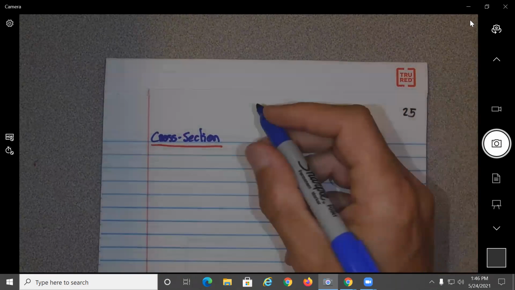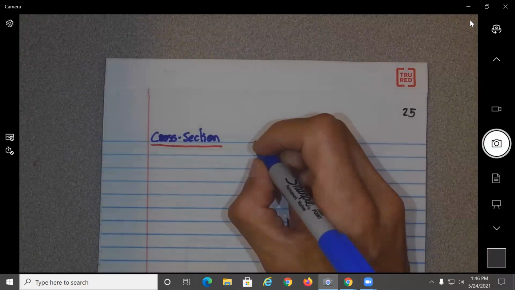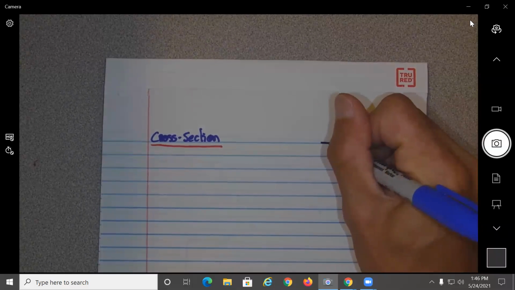So let's say for this cross section over here, the C channel.